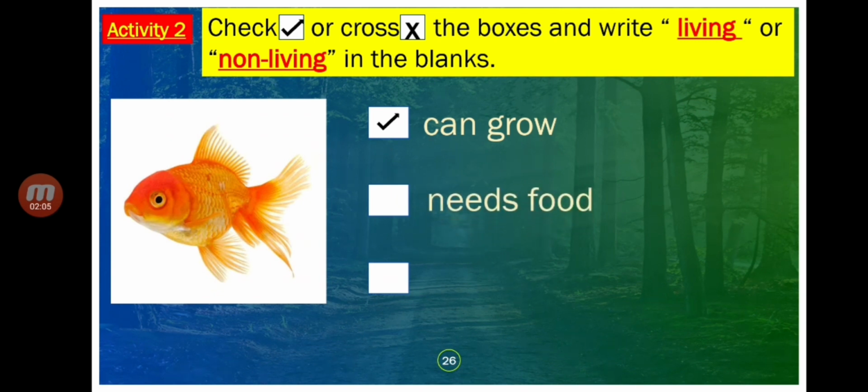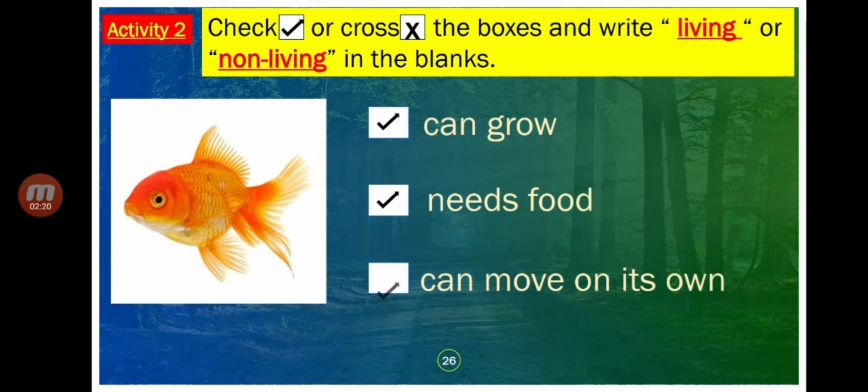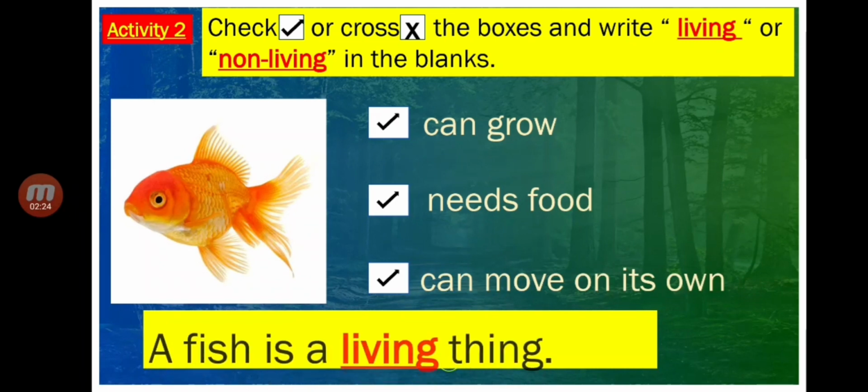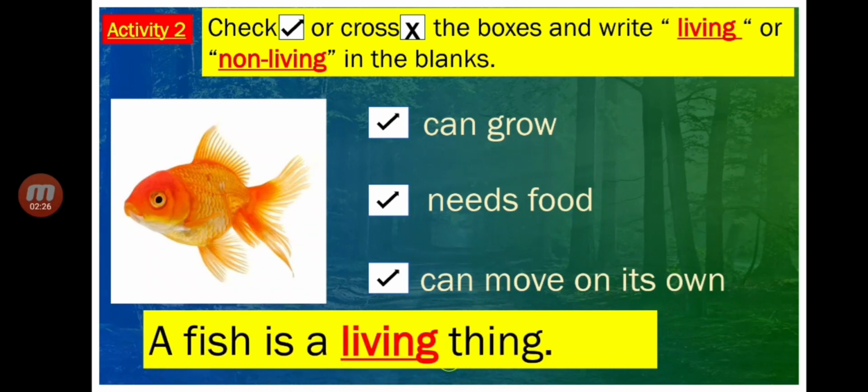And for the next, fish needs food, check or cross. Very good, it's check. And the next one, fish can move on its own, check or cross. It's a big check. And a fish is a blank thing. So what is the answer in the blank? The word living. So you need to write living in the blank.